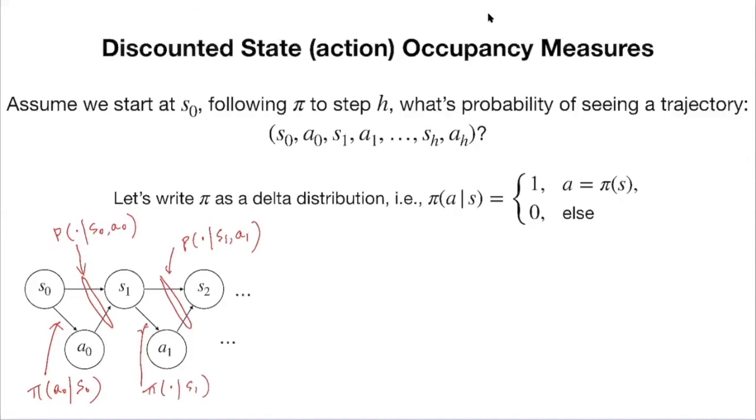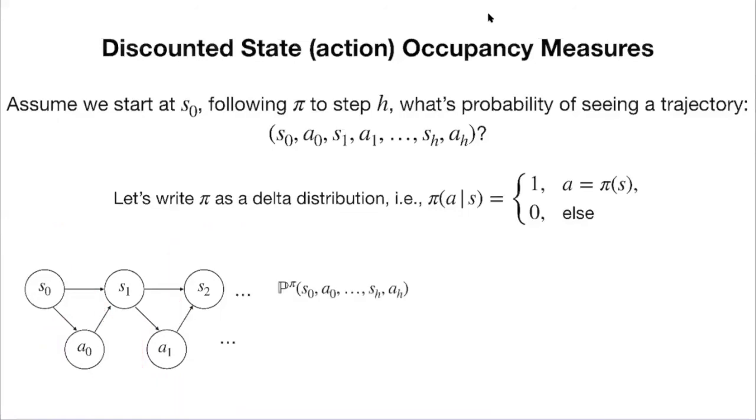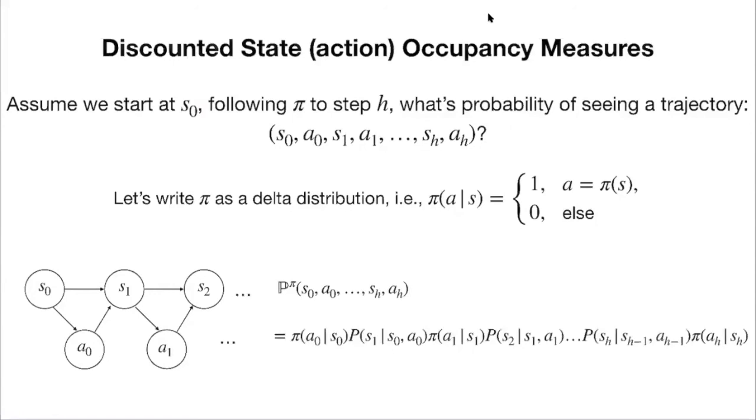Okay, so now we can actually write out the likelihood of seeing a particular trajectory. This is the quantity that we care about: the likelihood of seeing this particular sequence of state-action pairs under policy pi for the first H time steps. Let's use this Markov chain and write this out as a product of many terms. The first term says, what's the likelihood of seeing action A0 under S0? So this corresponds to this pi.